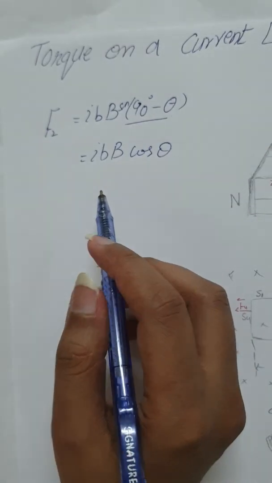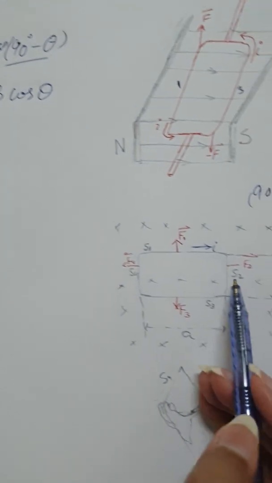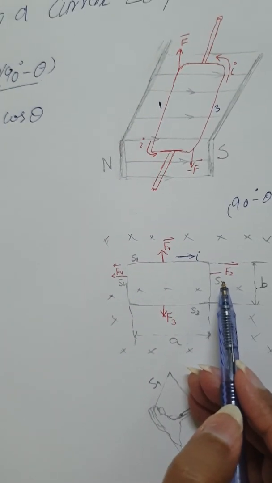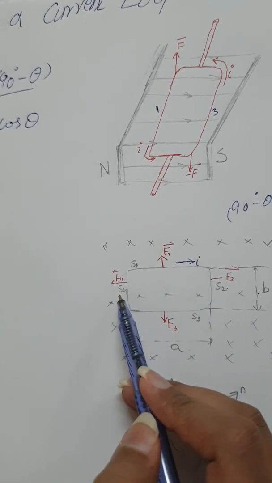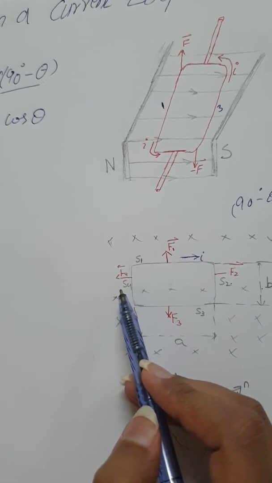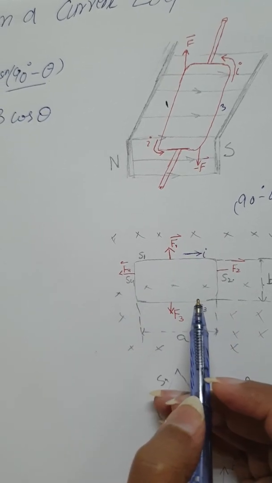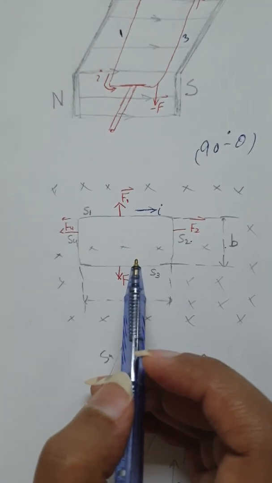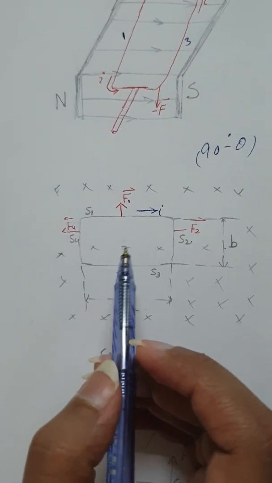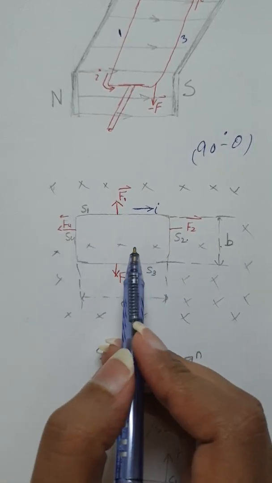And the force F4 acting on side 4 has the same magnitude as F2 but the opposite direction. So F2 and F4 cancel out, their net force is 0, and because their common line of action is through the center of the loop, the net torque because of these two forces is 0.